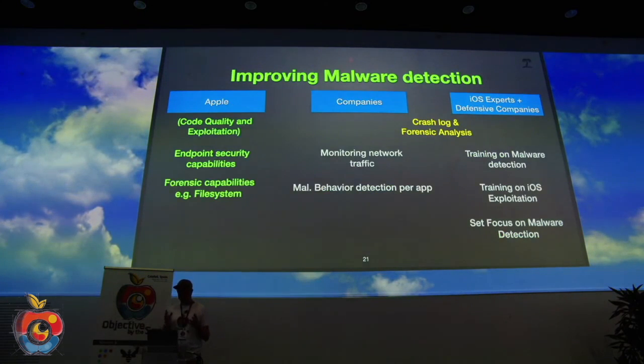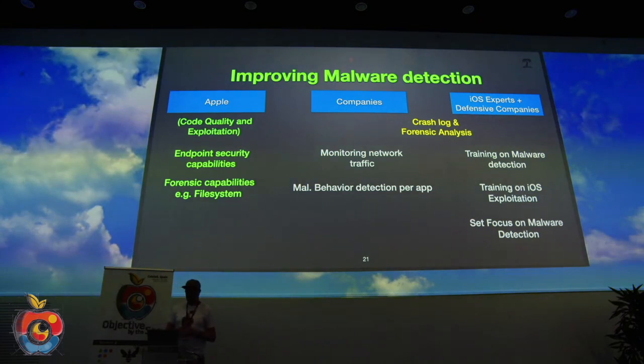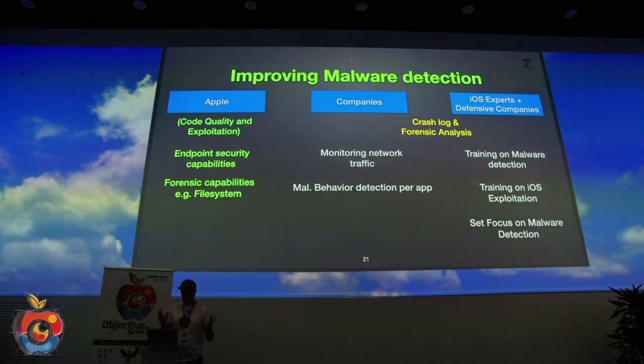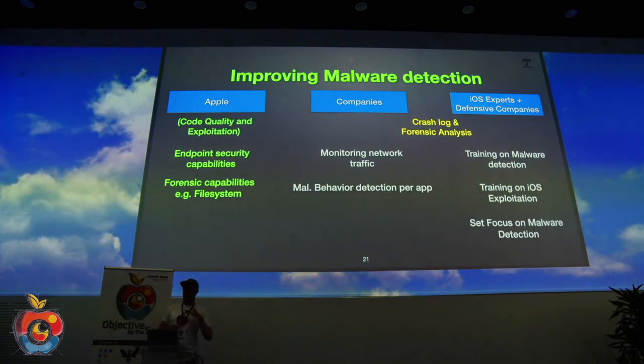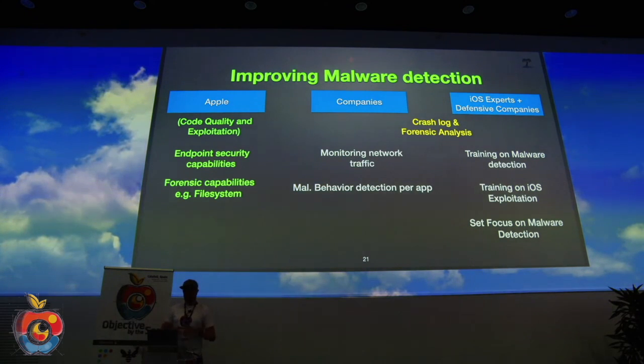If you want to improve the malware detection, of course, something which is always good if you want to improve stuff, you could always improve the code quality and add more exploit mitigations. But it basically doesn't have anything to do with malware detection.